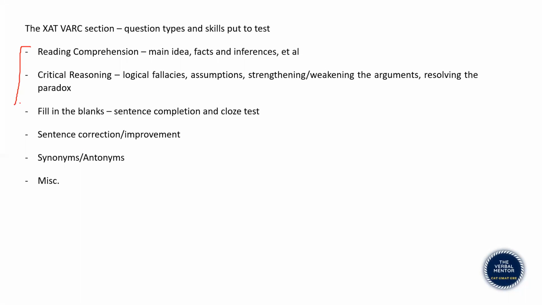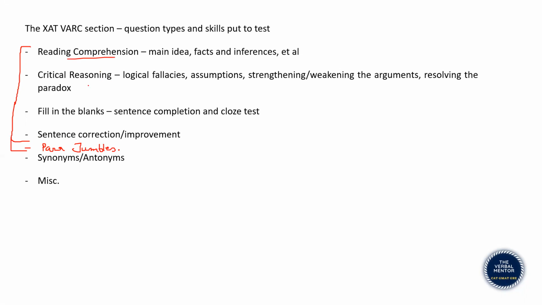So my research tells me that the first four, and I have missed here paradoxals, so these first five are by far the most frequently seen question types on ZAT.